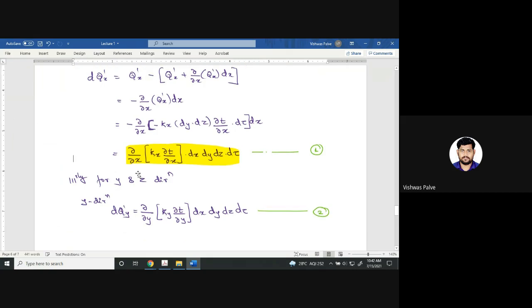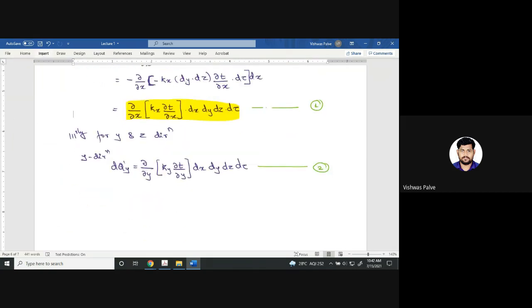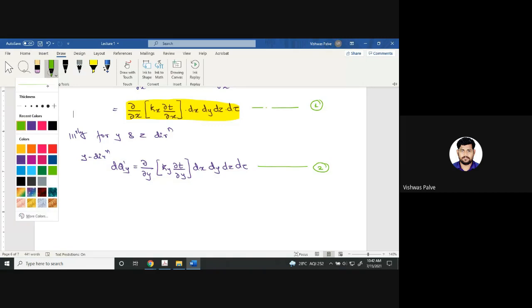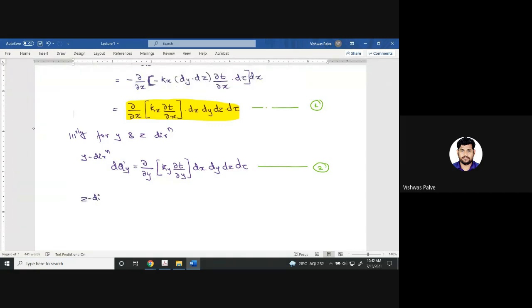Okay. Similarly for z direction. Now can anyone tell me the equation for z direction? You can unmute yourself and you can speak. D dash z is equal to dou by dou z, the whole into kz into dou t by dou z, the whole into dx dy dz into d tau.